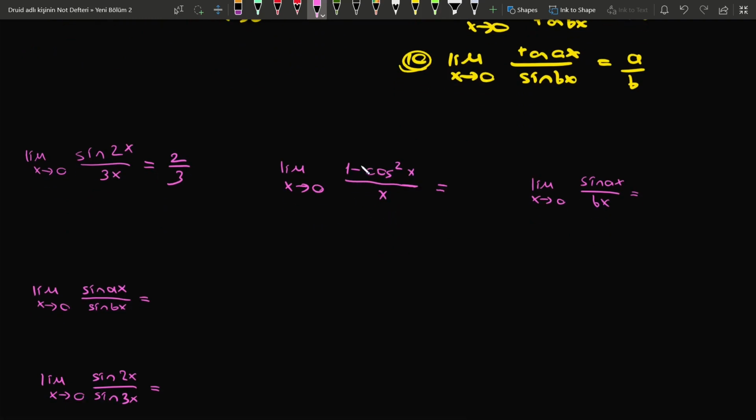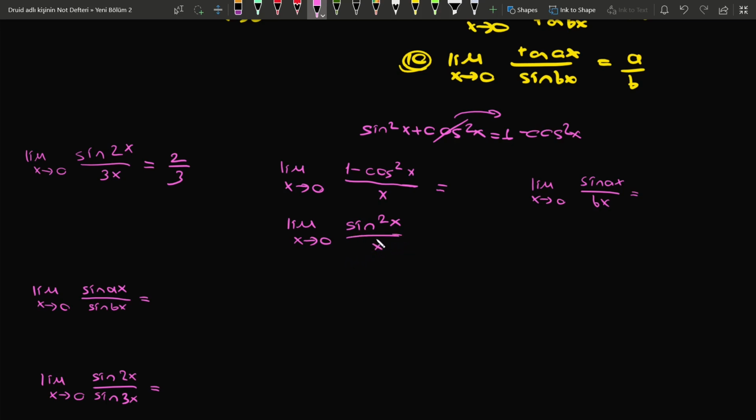And here we have 1 minus cos squared. So what we know is sine square x plus cos square x is equal to 1. If I send cos square to this side, I can see that it's equal to sine square x. So therefore, I can say this limit is equal to the limit of sine square x over x.